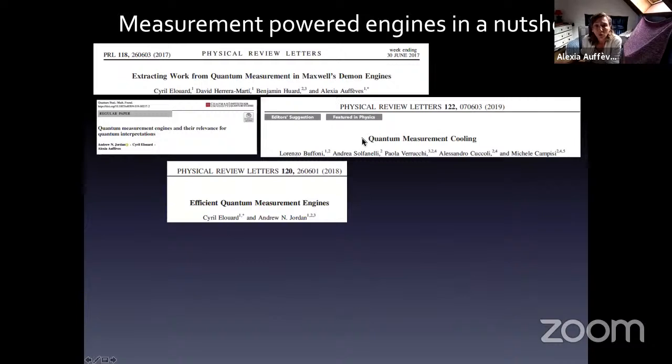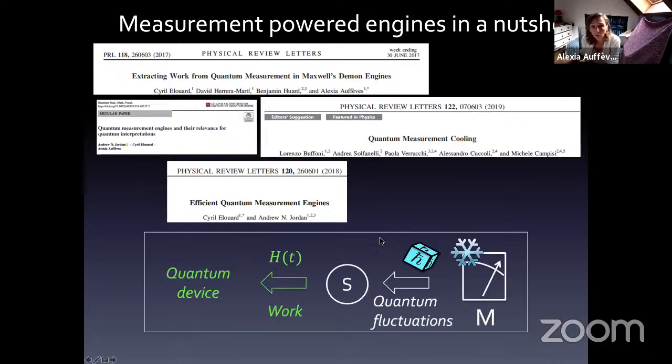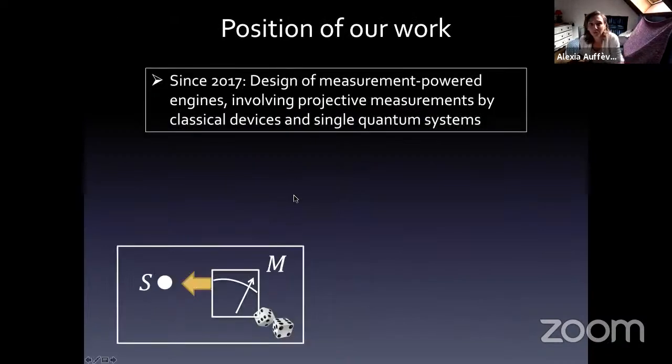There have been a few since the first proposal we made in 2017, always based on the same idea: you have a quantum system, you measure it projectively, you extract some work. That's magical.